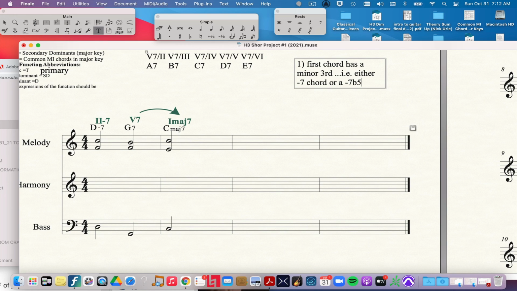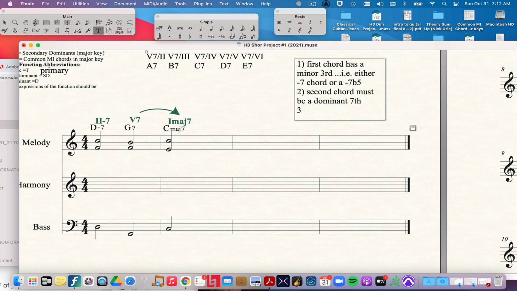Okay, the second thing that must be true is that the second chord must be a dominant chord, dominant 7th chord, which of course is a major chord with a minor 7th.